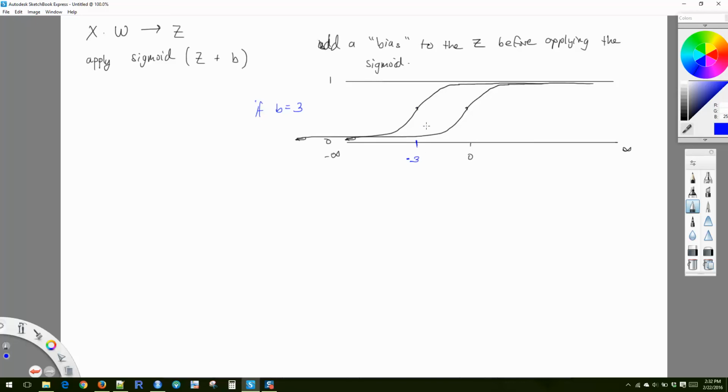If this is z, this is now z plus b. Think back to algebra and pre-calculus: when you add a constant, it shifts the graph to the left, and when you subtract a constant, it shifts it to the right.